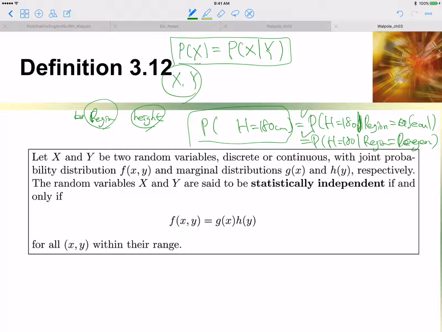And in terms of a continuous random variable, it can be rewritten as this: f of x, and this is f of x given y. In the case of statistical independence, we have to satisfy this.